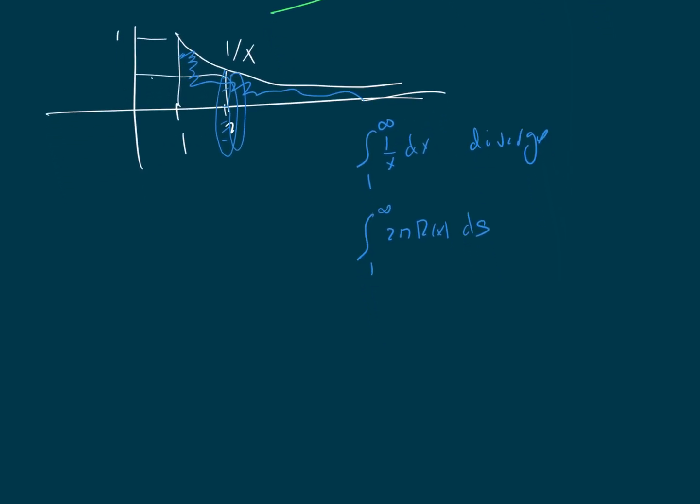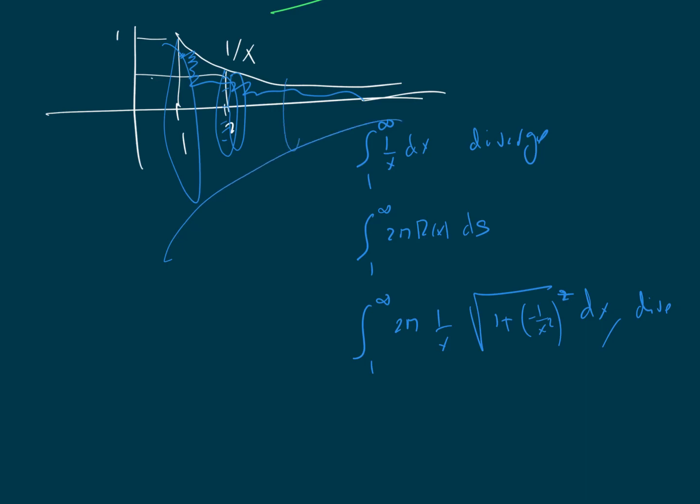And putting the information that is here, it would be the integral from 1 to infinity of 2 pi r of x, where r of x is 1 divided by x, and ds is the square root of 1 plus minus 1 divided by x squared, y prime squared, dx. And this integral diverges.